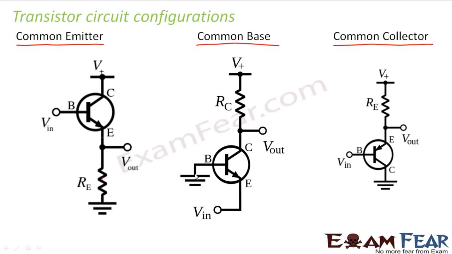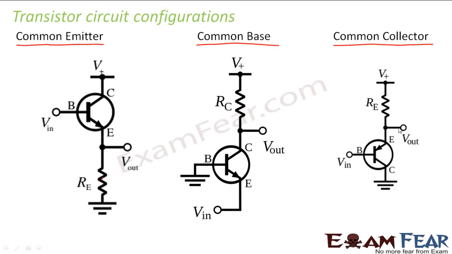So always remember that the one which is common with the other two is always grounded. So in the previous case your emitter is grounded, so it is common to base and collector. In this case, the base is grounded, so base is common to emitter, and again base is common to collector. So here base emitter forms the input circuit, base collector forms the output circuit.